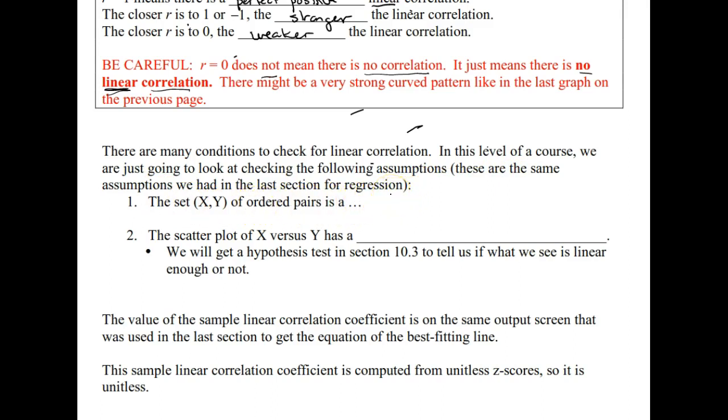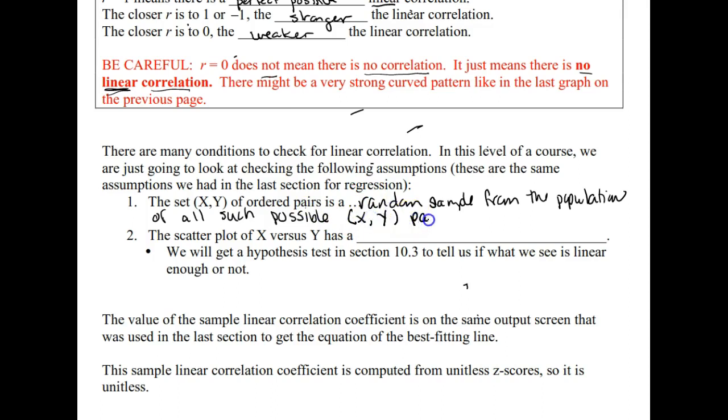So again, we're just going to make sure that the set of x y ordered pairs is a random sample from the population of all such possible x y pairs.